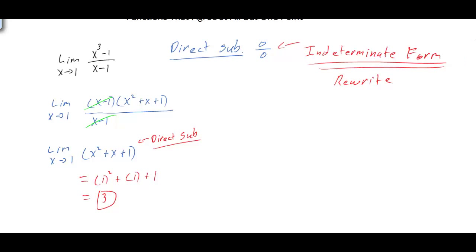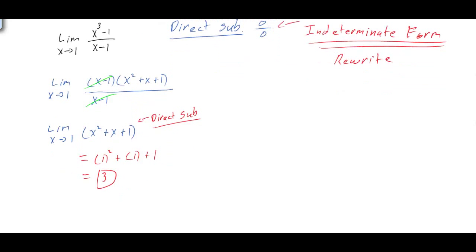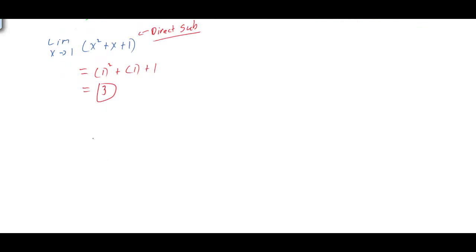Now, what does this mean when I made this statement before? We're looking at a function that agrees at all but one point. Well, if we look at the graph of the original function, f of x equals x cubed minus 1 over x minus 1, it's going to look something like this, where you're going to have an open circle at x equals 1.